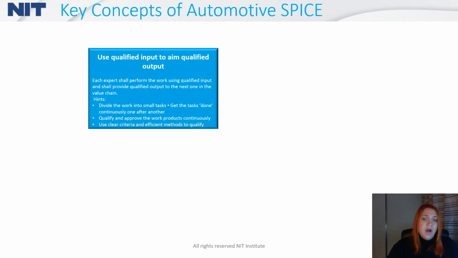Furthermore, the key concepts of Automotive SPICE are summarized in this part of the lecture. The concept that we need to use qualified input to aim for qualified output means that the exact expert shall perform the work using qualified input and shall provide qualified output to the next one in the value chain.